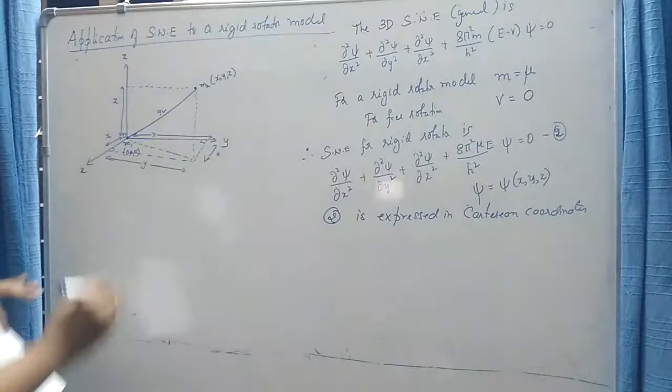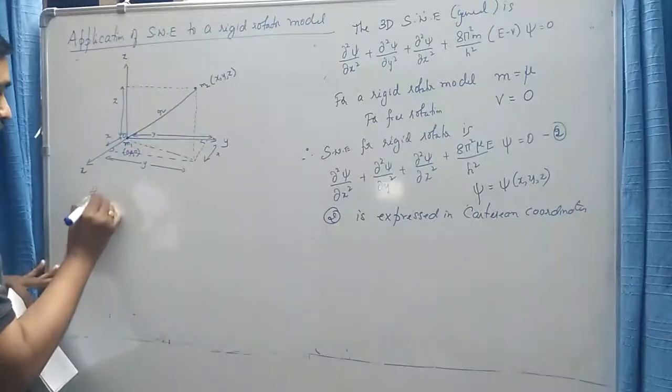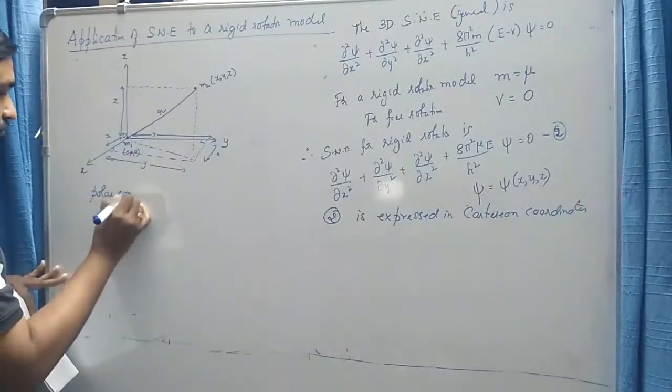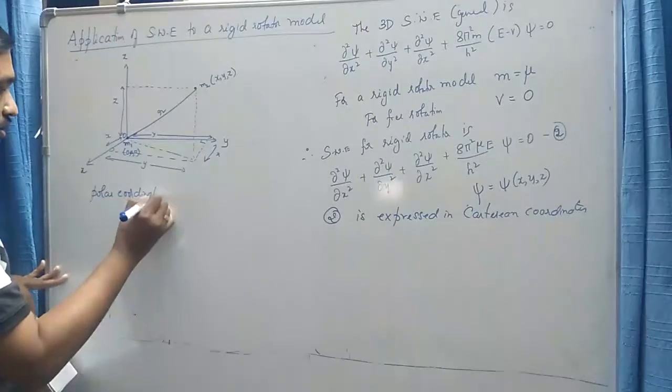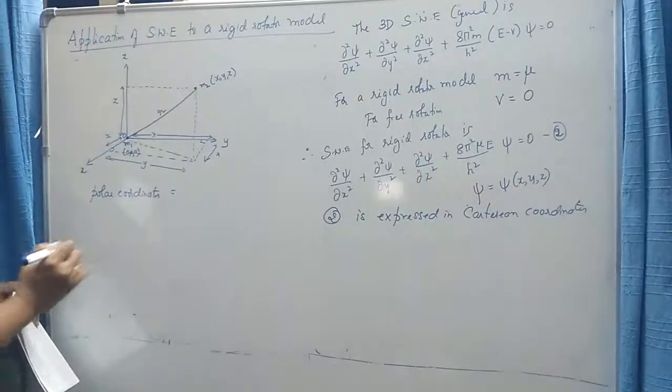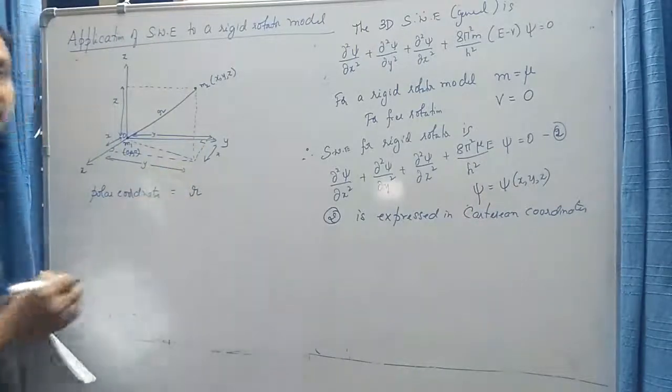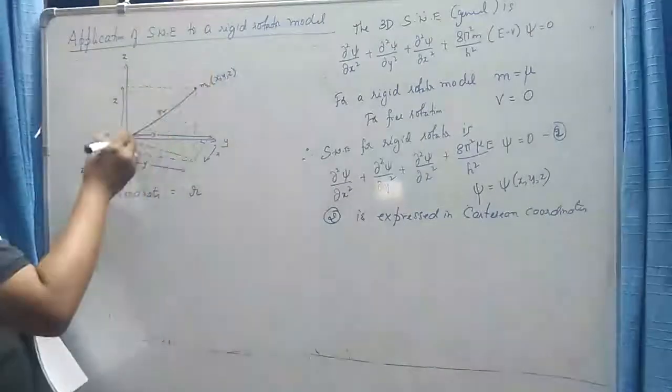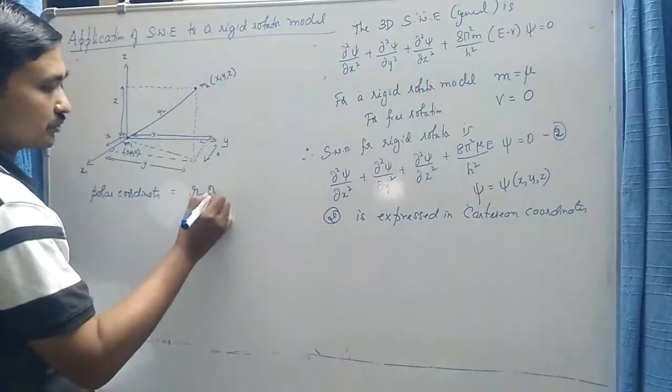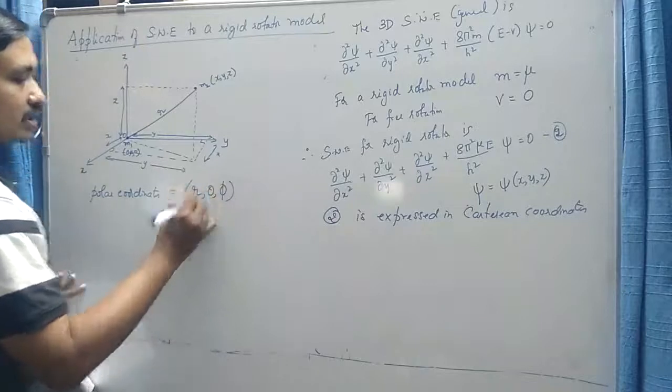But in spherical or polar coordinates, we express the position of the particle in terms of one distance r, the distance of the particle from the origin, and two angles theta and phi.